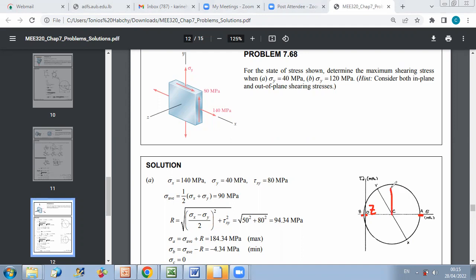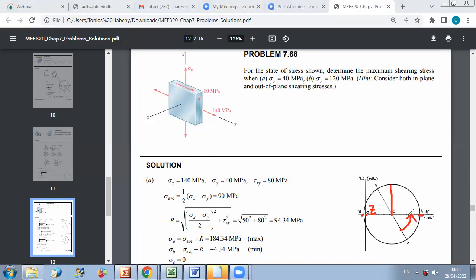And in this case, we have maximum in plane stress, because principal axes A and B are within plane XY, and they are obtained by rotation around the axis of a certain angle that we can determine.